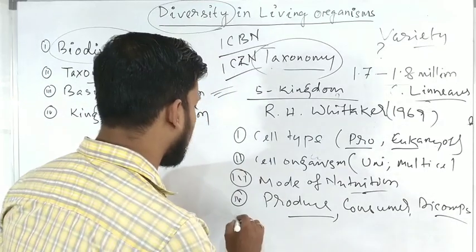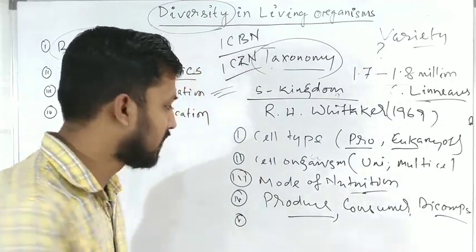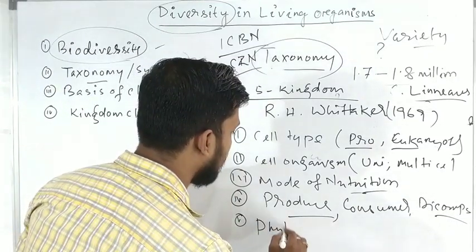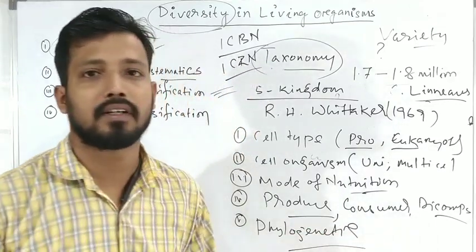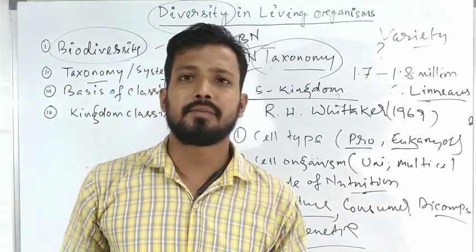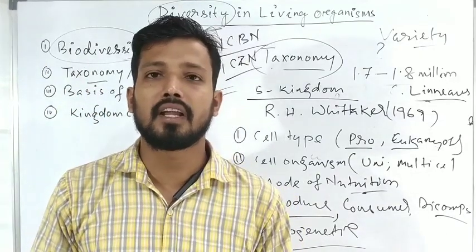And another important aspect, the last one, is phylogenetic relationship. Students, what do you mean by phylogenetic? That means their evolutionary trend, how they have evolved.